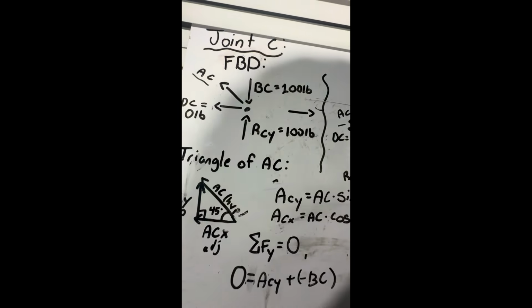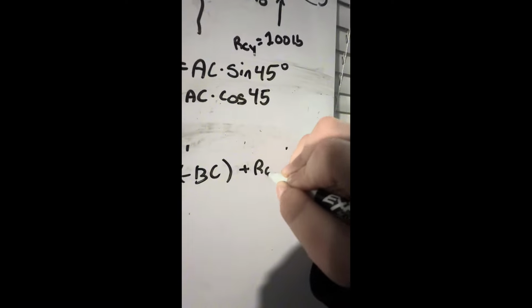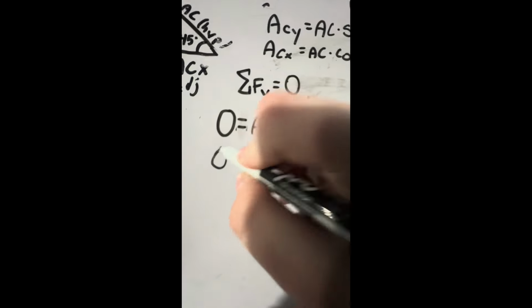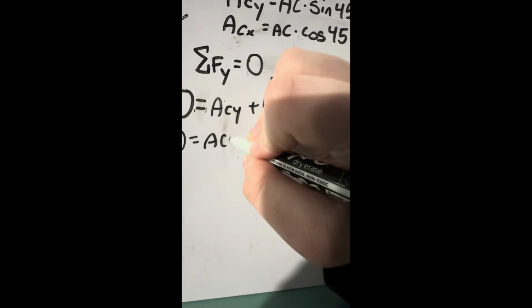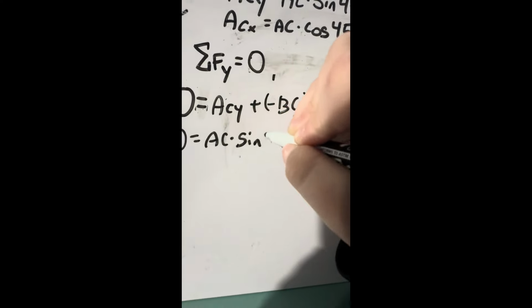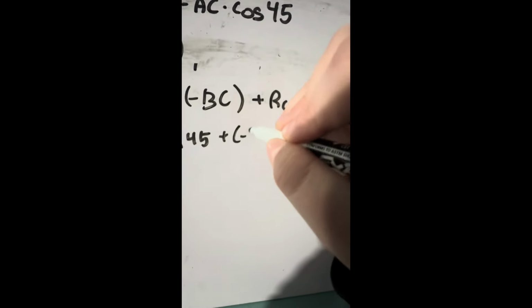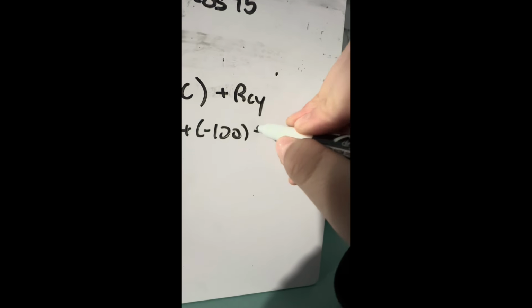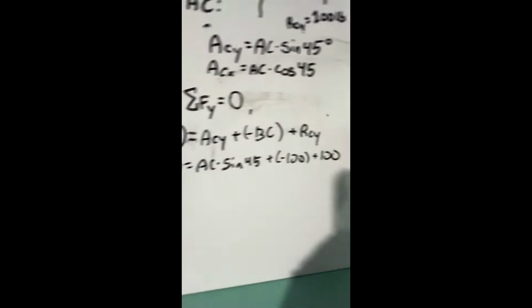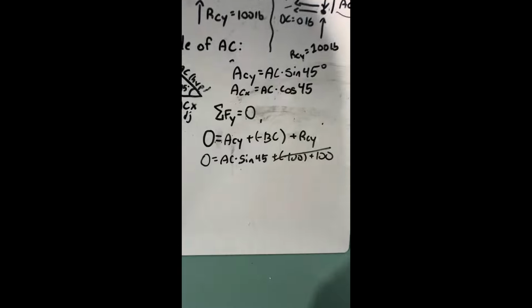And then our RCY, which is positive because it's going up, is also in the y direction. So if we sub in all our numbers, it'll become 0 is equal to AC times sine 45 plus negative 100 plus 100. By this equation, we can already cancel out these two because they just subtract each other.